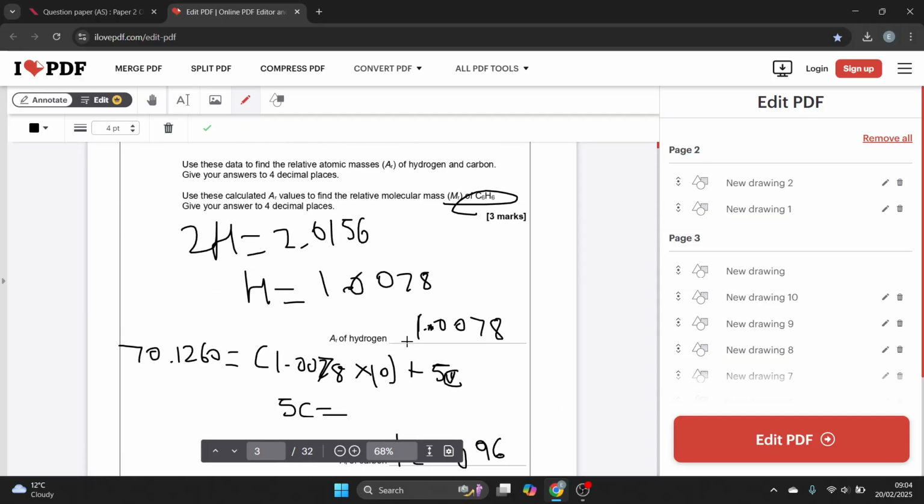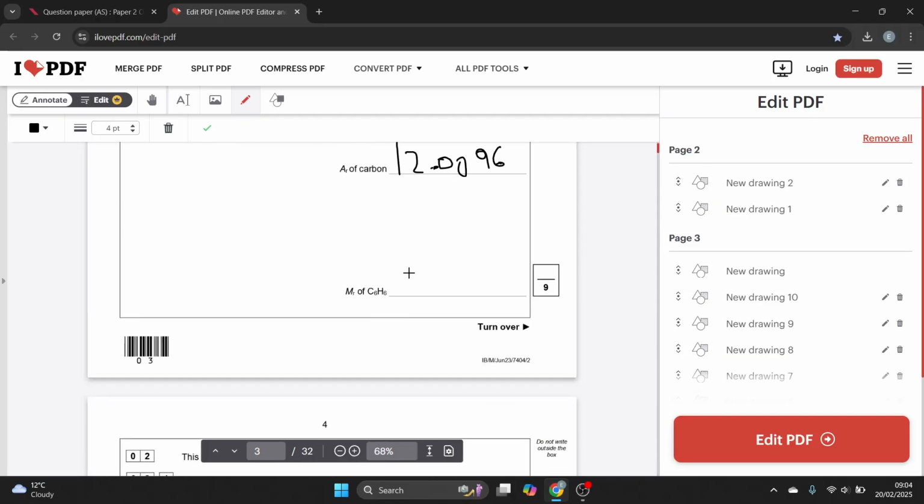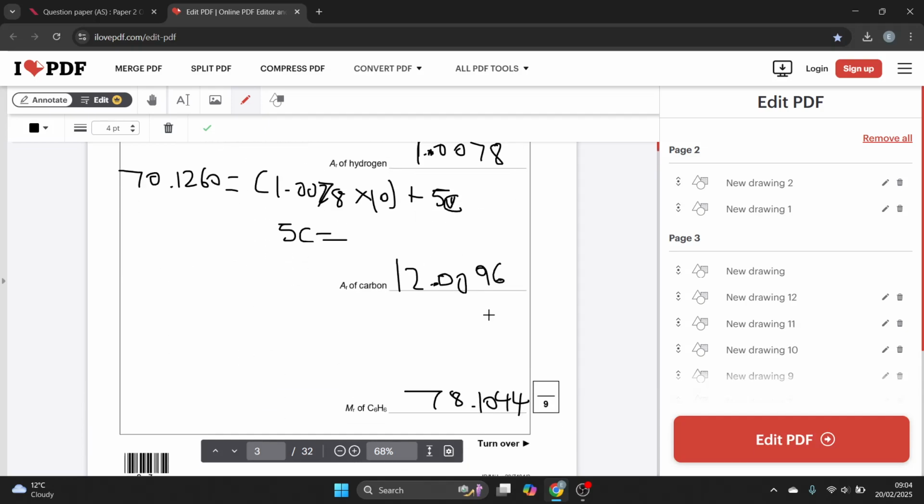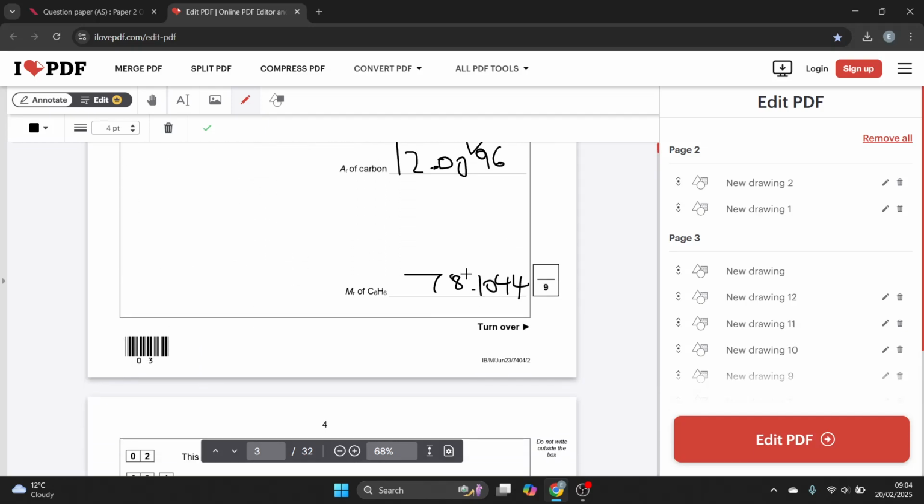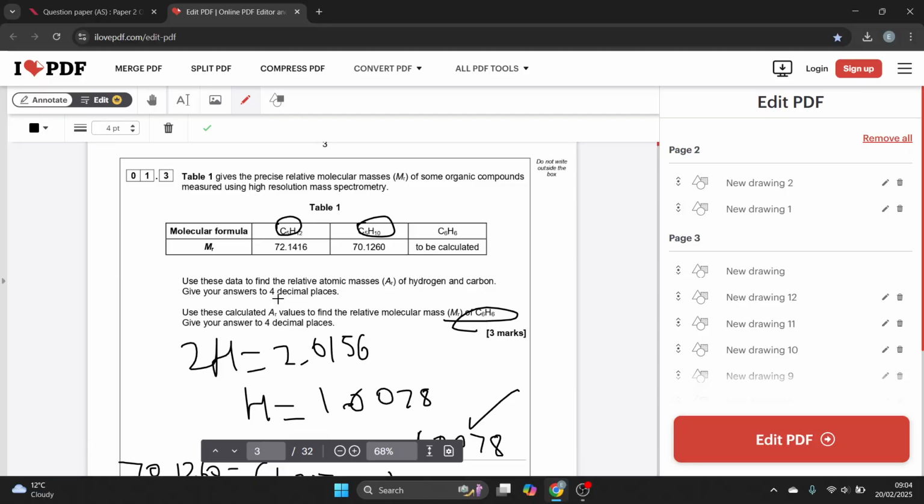That gives 78.1044. Again, showing you how they can ask these kinds of relative atomic mass questions in an unfamiliar context.